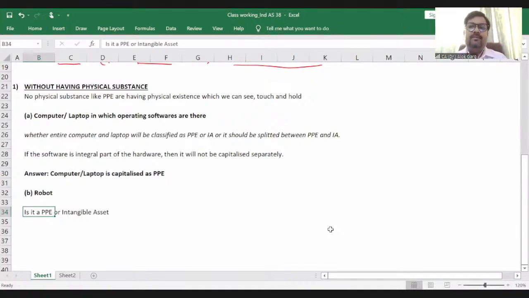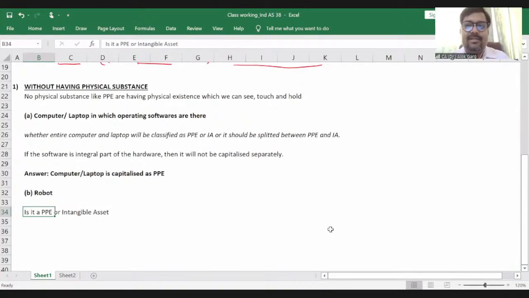So my dear friends, if we see the form, it looks like property, plant and equipment. But when we see the substance, it is not property, plant and equipment.